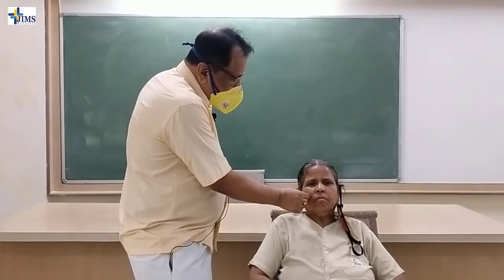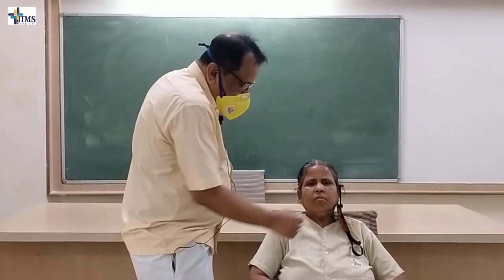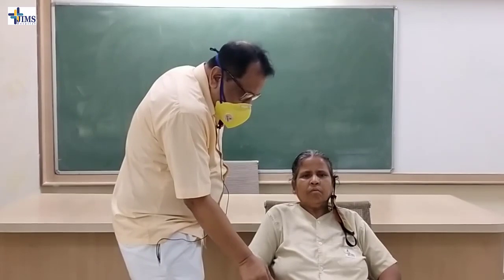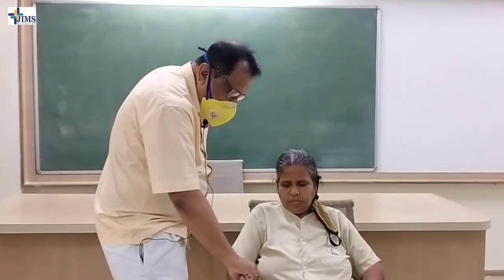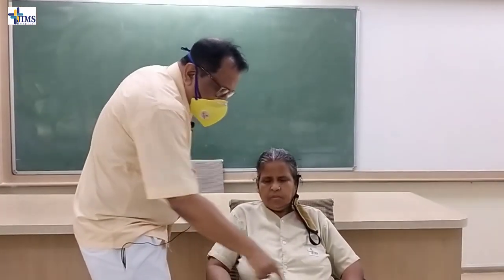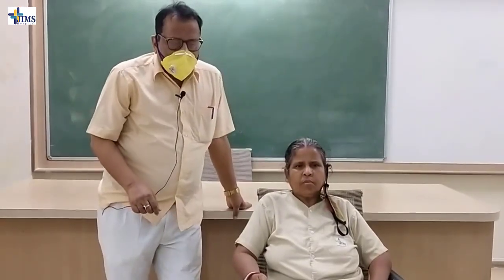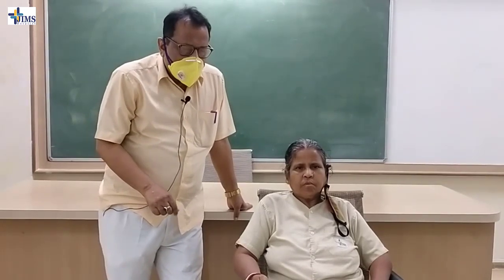The skin is coarse, and the skin here also is coarse, and she is complaining of some tingling sensation on both the lower limbs, both the upper limbs, both the hands, maybe due to entrapment neuropathy, and she has some disorders of sleep and alopecia also, and she is intolerant to cold.